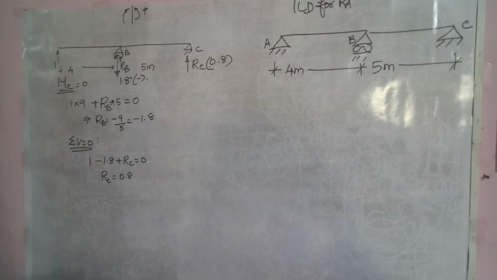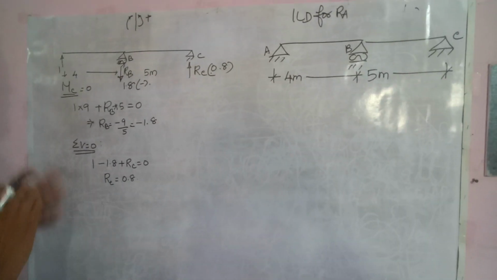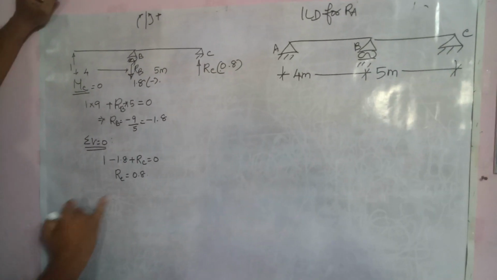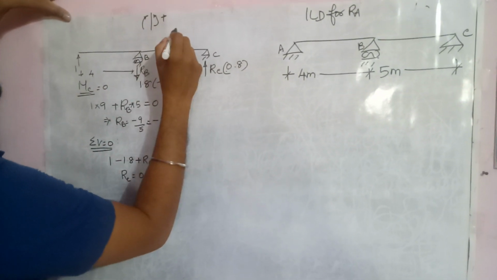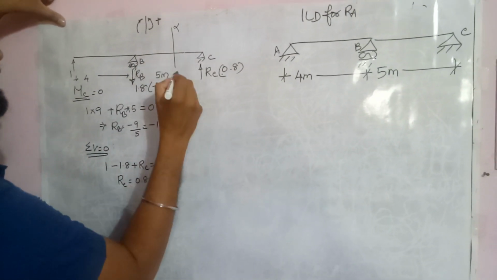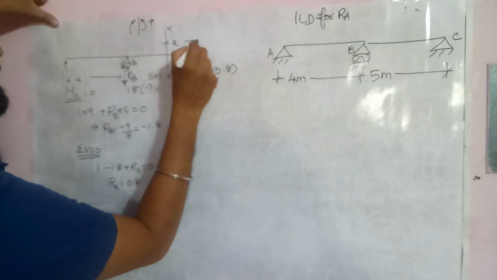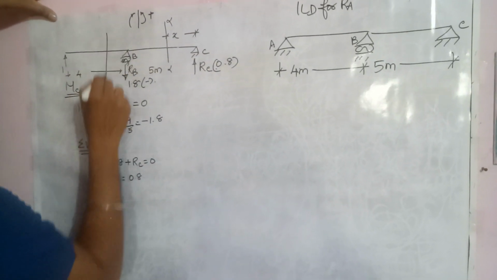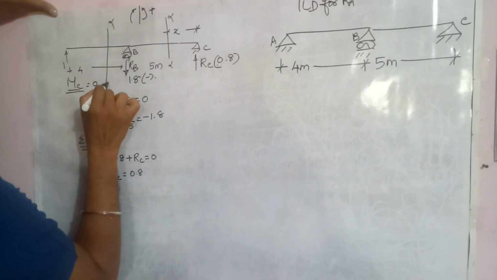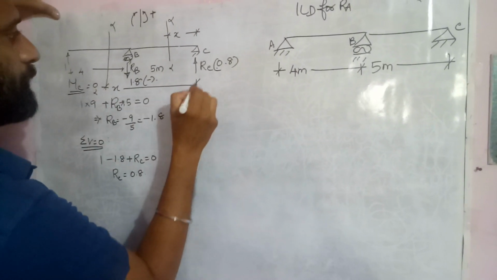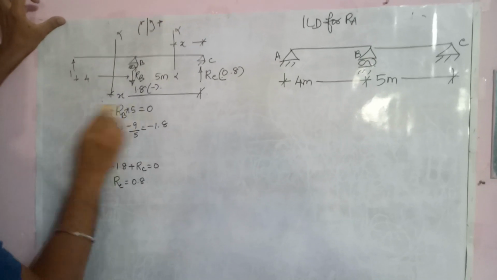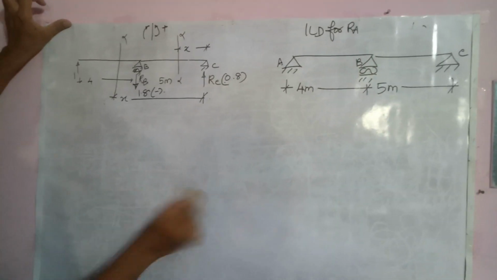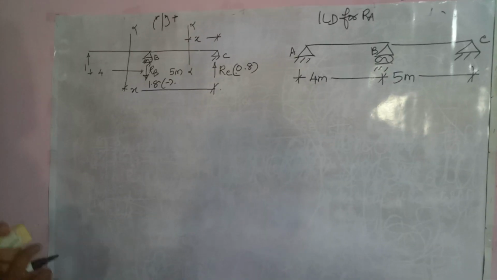So this is how we calculated the reactions. Reaction is one of the basic things, and after that we will calculate the moment. For the moment, we need to take a section X at a distance from the right support, and the same distance X at the support here. Now we will write according to Macaulay's method, which is studied in strength of materials.